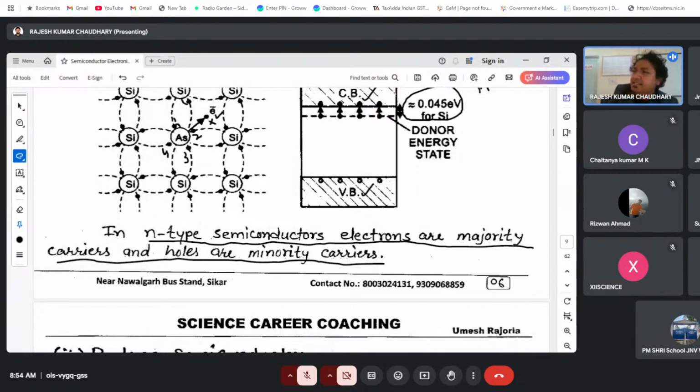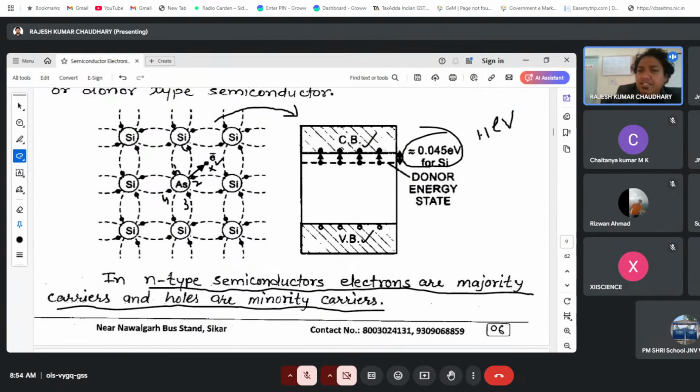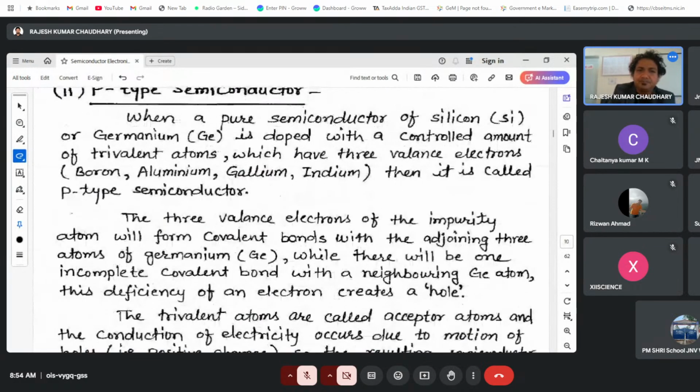And what is the benefit of doping? You can see that the energy band gap is reduced from 1.1 electron volt to 0.045 electron volt.